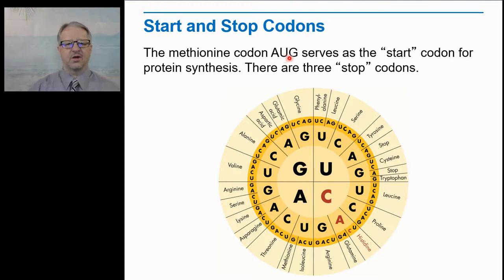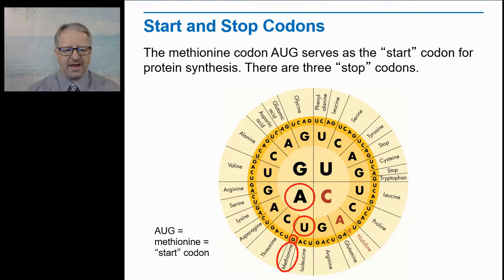It's a special codon because it tells the ribosomes to start coding for the protein. And then there's also some other codons that are the stop codons. So methionine is going to be AUG, and that is the start codon.